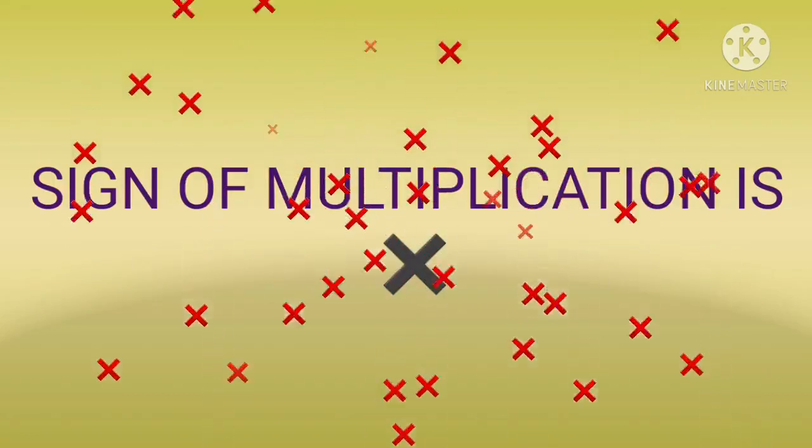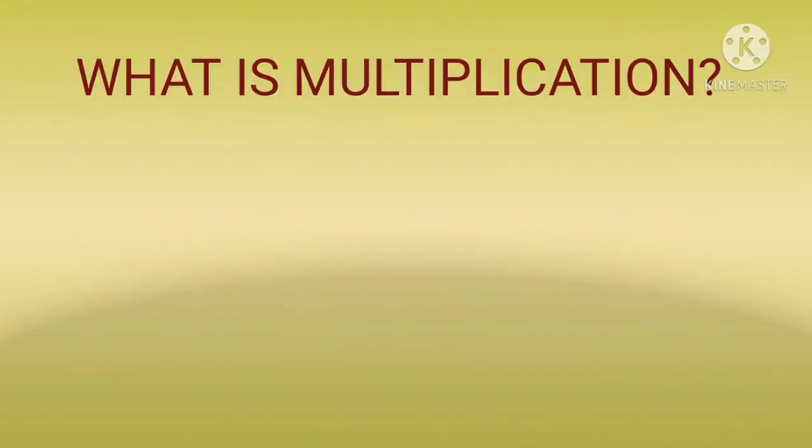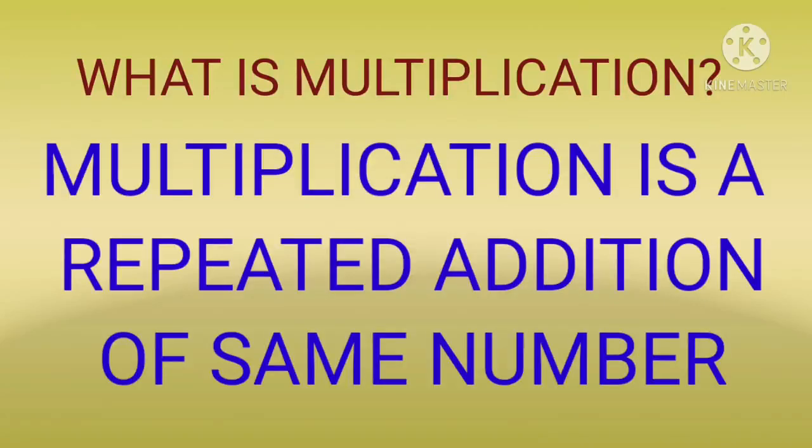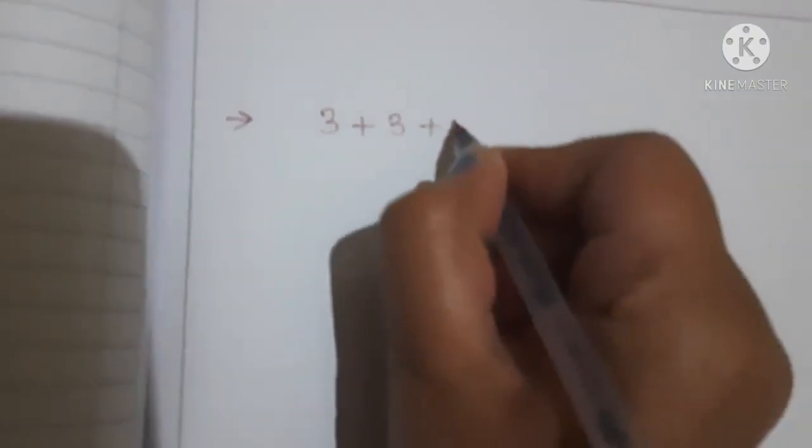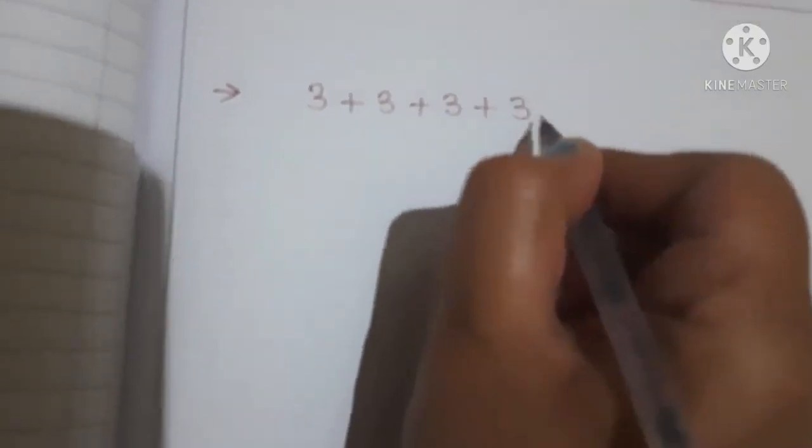Children, what is multiplication? Multiplication is a repeated addition of same number. For example, I am repeating number 3 4 times. That is 3 plus 3 plus 3 plus 3.